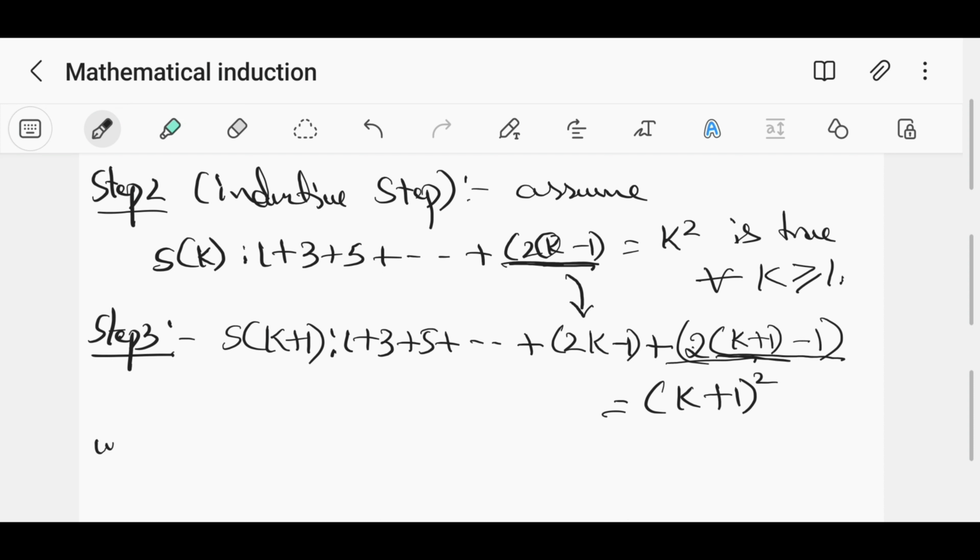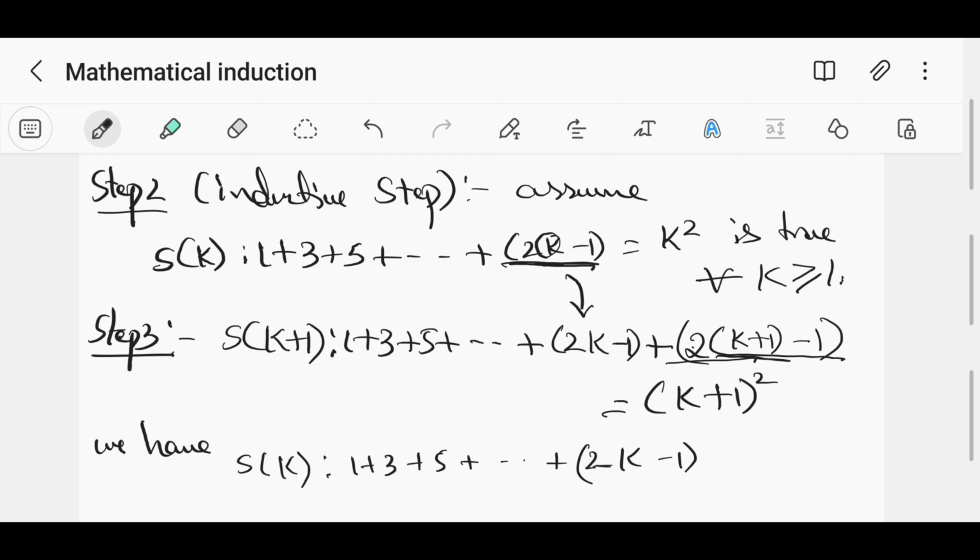Now what do we have from step 2? As I've told you, to prove step 3, you have to use step 2. So use that step 2, that is 1 plus 3 plus 5 plus so on plus 2 times of k minus 1, or you can write this as 2k minus 1 also.